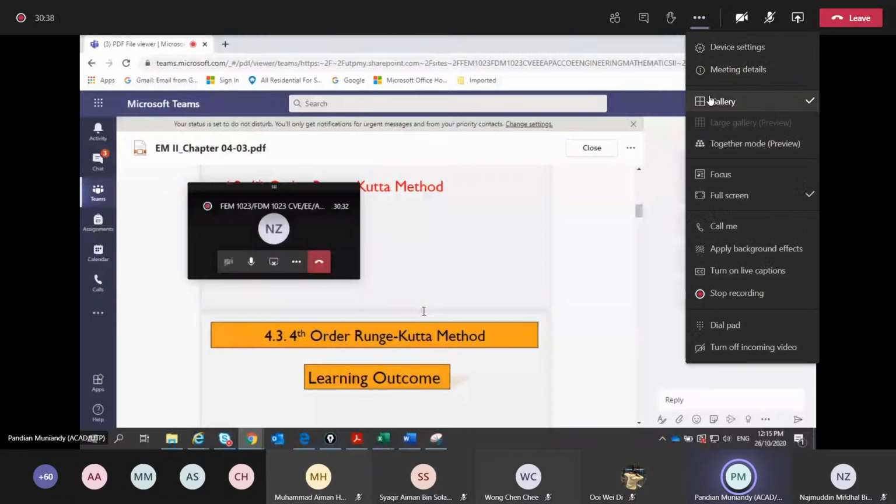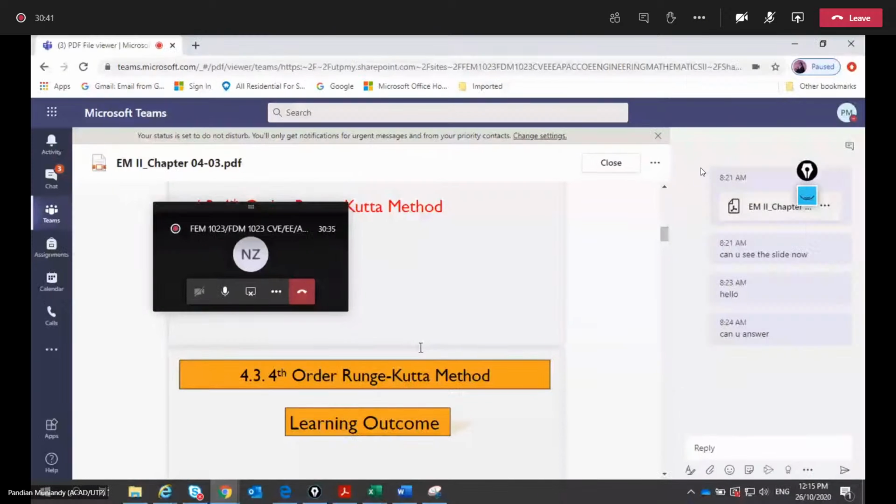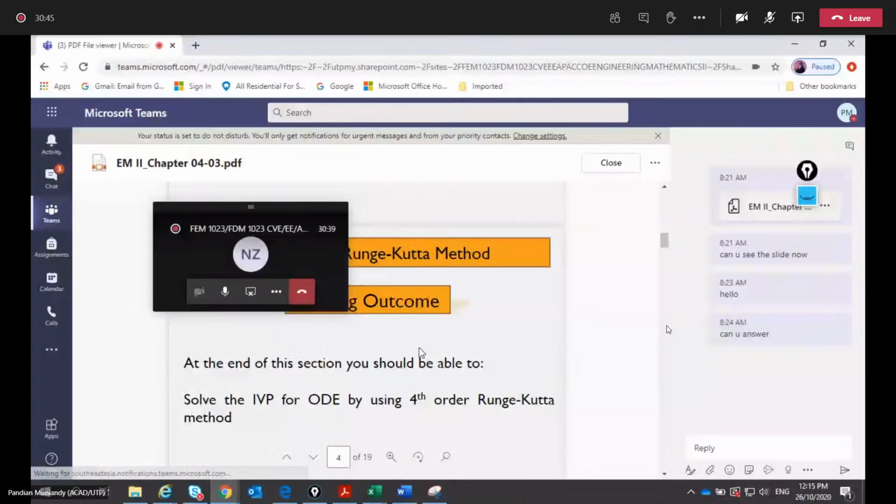So the learning outcome is, at the end of this section, you should be able to solve the IVP, initial value problem for ODE, by using fourth order Runge-Kutta. First order, second order, third order, we don't do it here. This is already done, improvement. Later you will see how this is connected to Euler method.